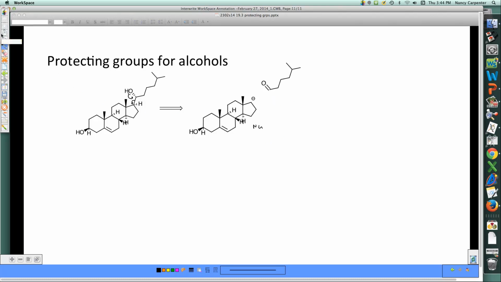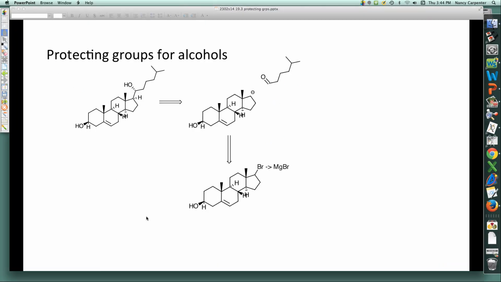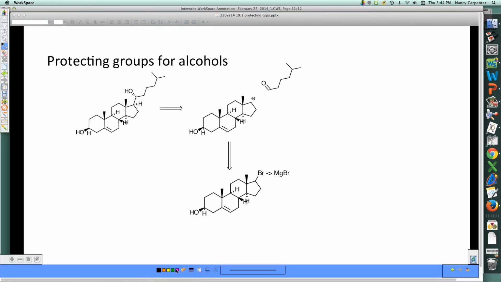Minor problem here though. If I'm going to make this a nucleophile, that means I'm going to make it into a Grignard, and so I would need the bromine here so that I could add magnesium to it to make the Grignard, to get here, to add this guy to this guy, to make this new bond, yada yada yada.